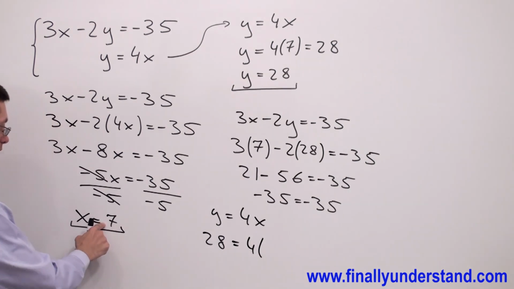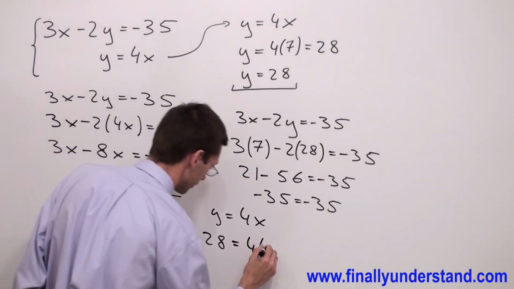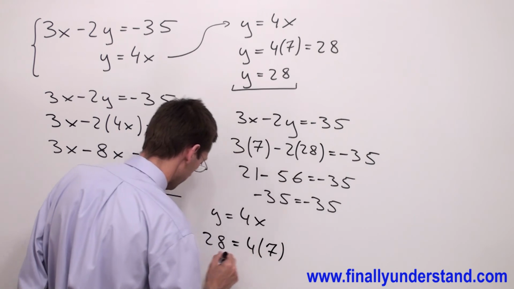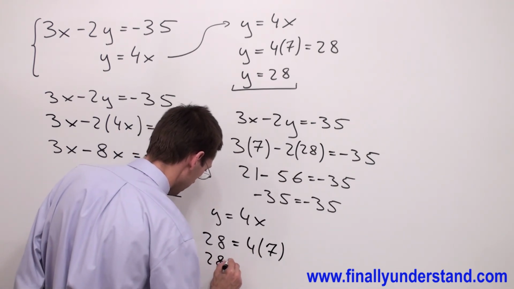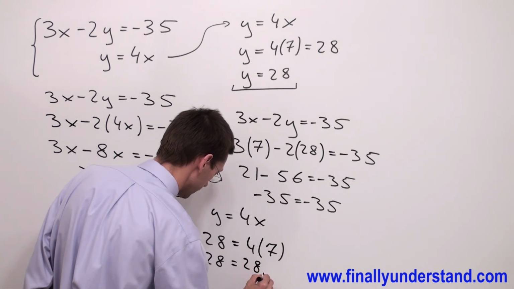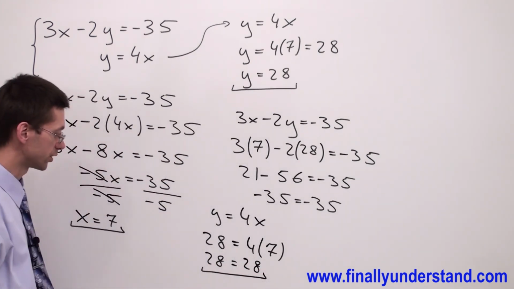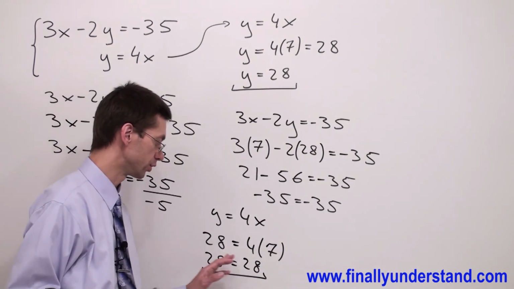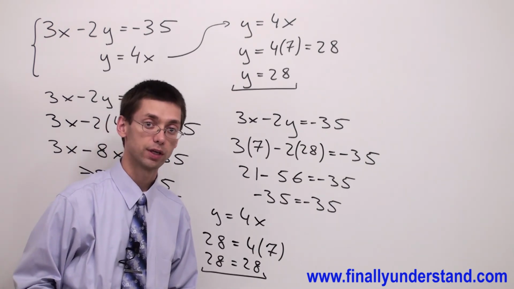X is equal to 7. So I have 28 equals 4 times 7 is equal to 28. Again, please notice that the left side of my equation is equal to the right side.